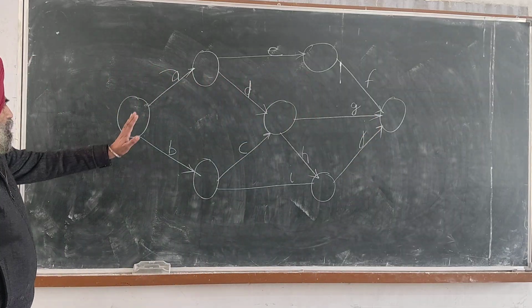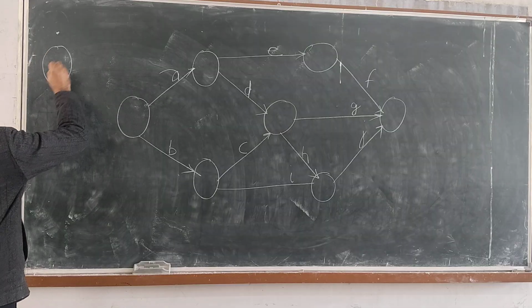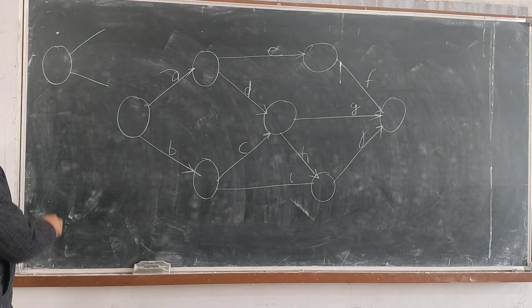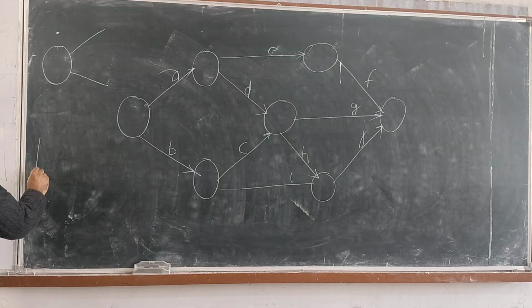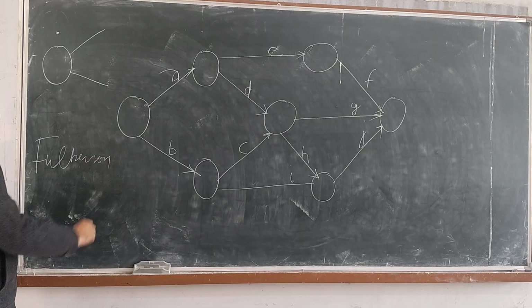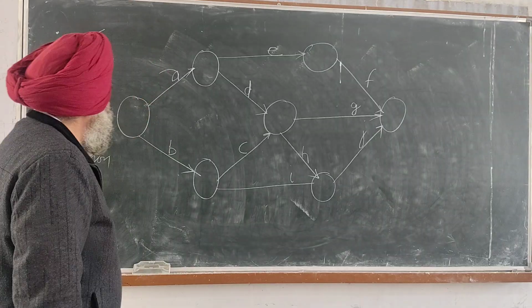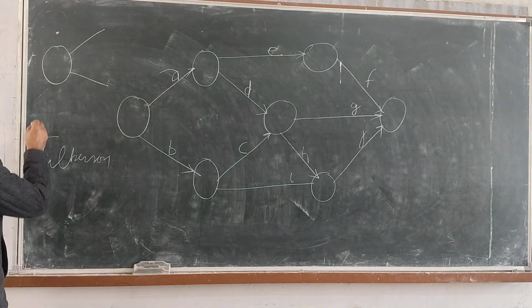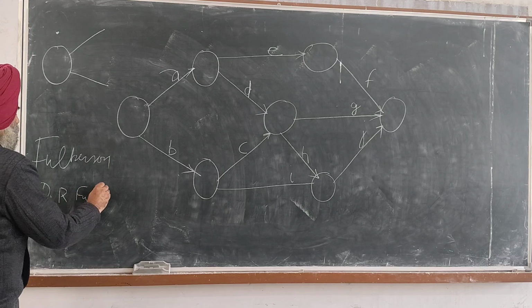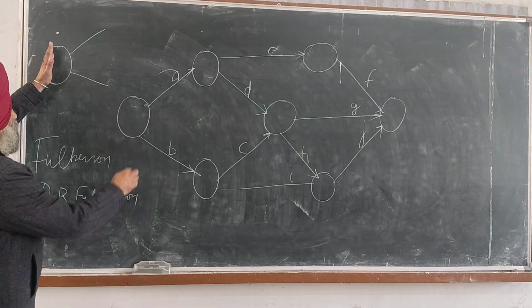Now here, if you look at the first one, two arrows are taking place. The initial one we number according to the Fulkerson rule. Even if we number it in a staggered manner, it is not going to affect anything, but Fulkerson has given the best way to do this. The name of the scientist is D.R. Fulkerson. According to D.R. Fulkerson, this will be number one.